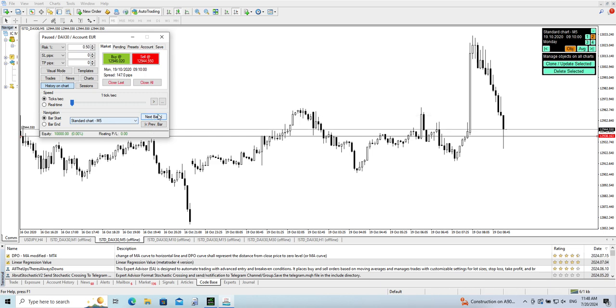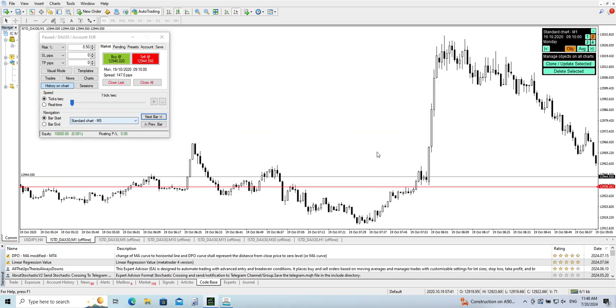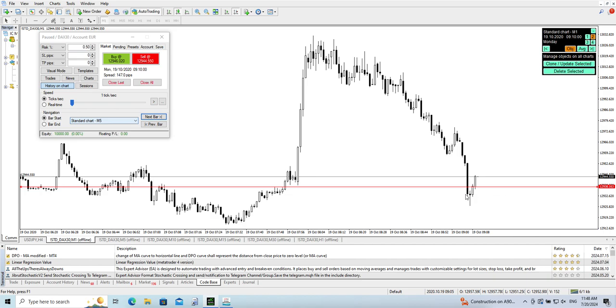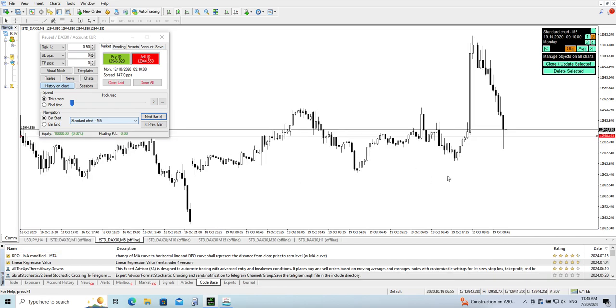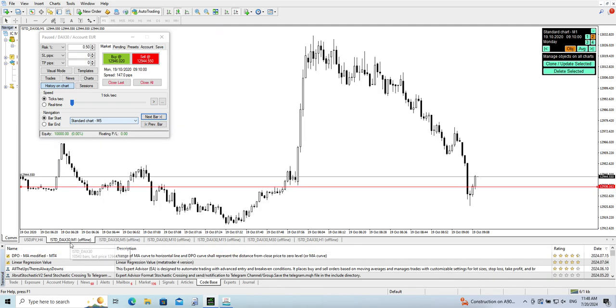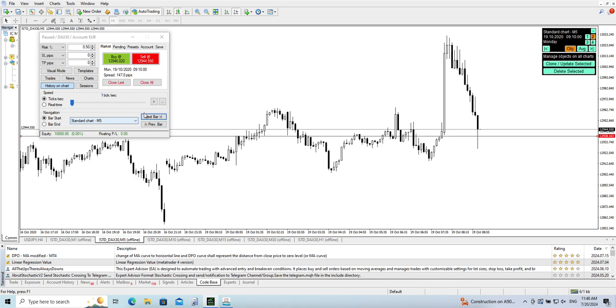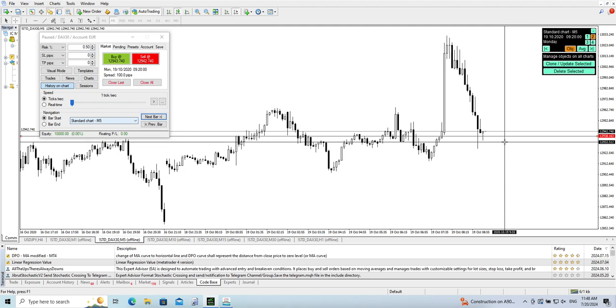Okay, so what we've got to do here, so we've got a reaction, we've got price pushed into the area and then pushing away. Go into the 1 minute time frame, let's have a look. So we've got a reversal happening. And what we'll do is we'll go to the next bar. Okay, so no trade yet. Okay, so we've got quite a strong bar here.